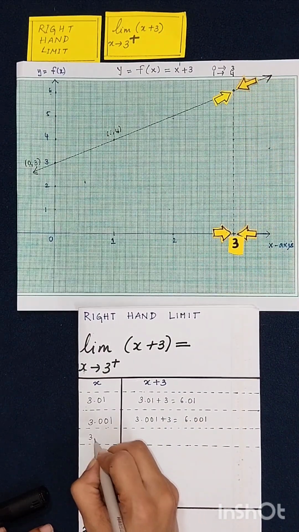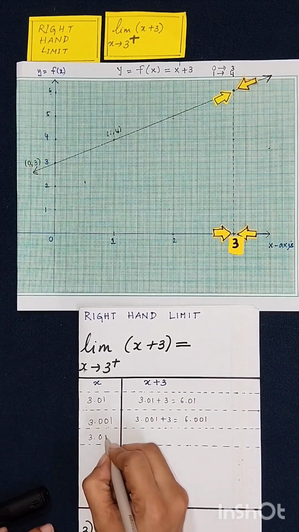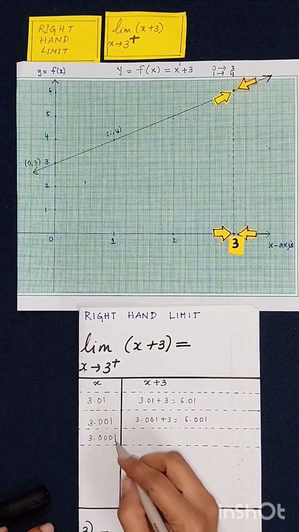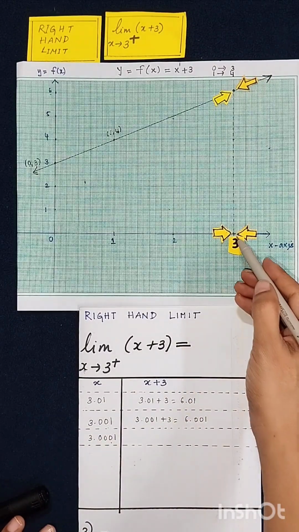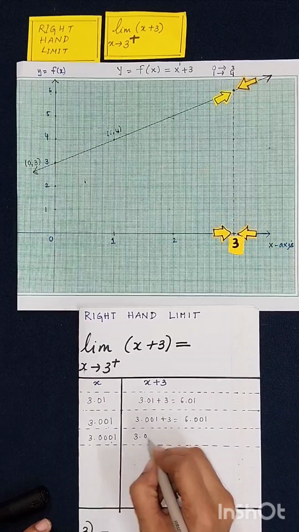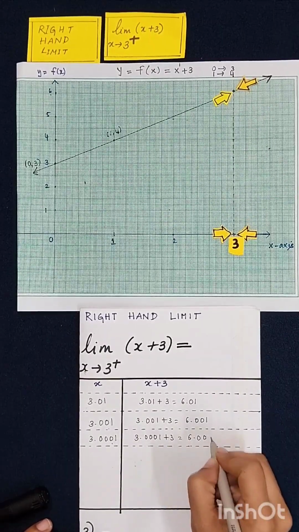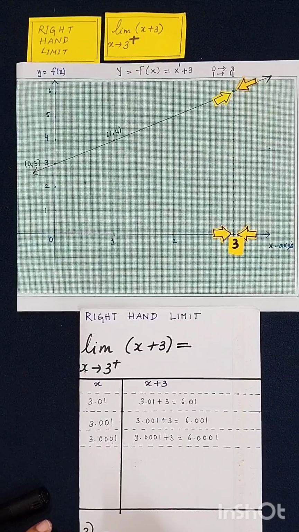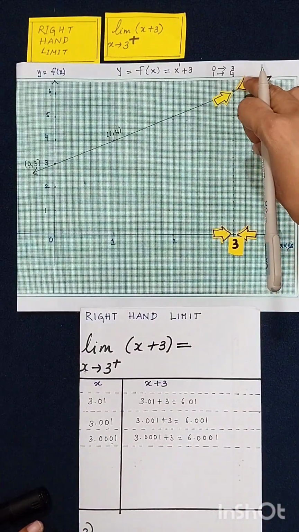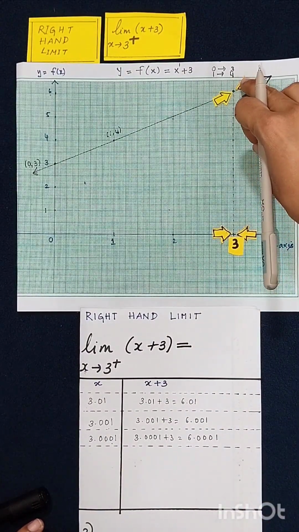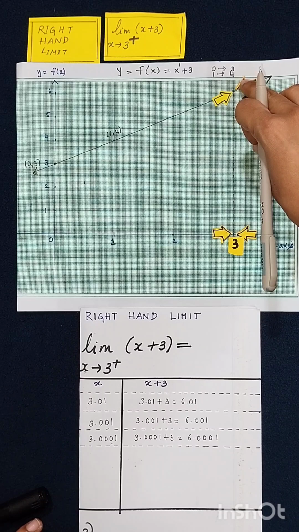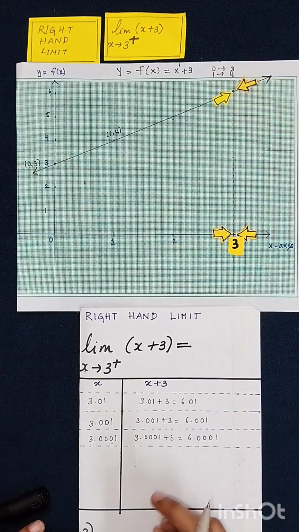Now let's give another input, 3.0001. This number is very close to 3. So what is the output that you will get? 6.0001, right? So you will get a value which is even closer to 6 than the previous value.